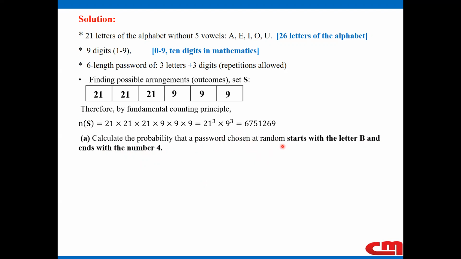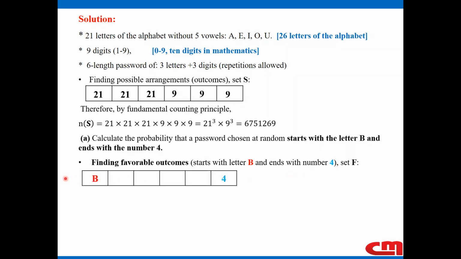Obviously we are having 6 positions and repetitions are allowed, but we need to attend to this condition of starting with a B and ending with a 4. Therefore, that set we are going to call set F. So these are the 6 positions. First, we should have a B. Last, we should have a 4. That is what is being said.